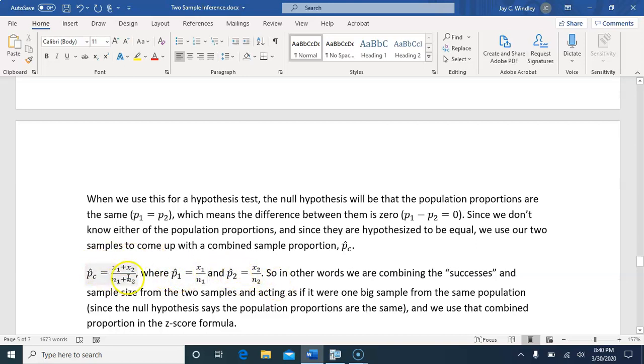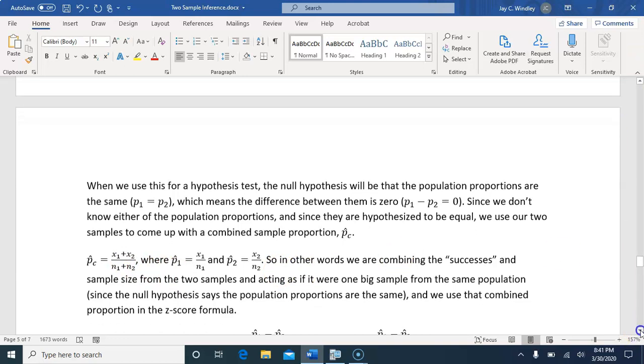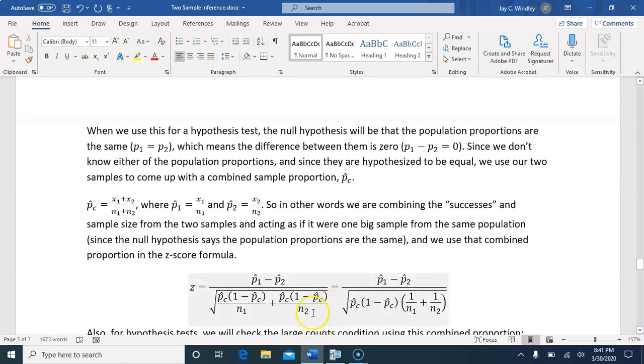We're going to put those together into what's referred to as a p hat combined, or sometimes it's called p hat star. This is what we're going to use in the case of hypotheses instead of the radical that you saw earlier. So same radical, except now it's this p hat combined that goes in here.